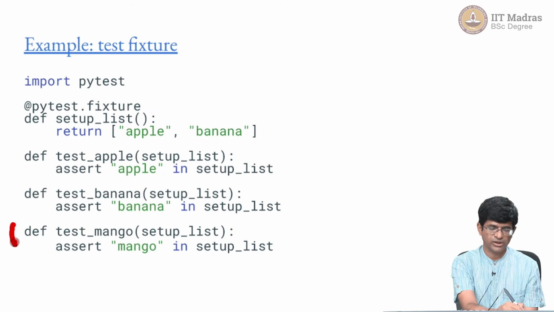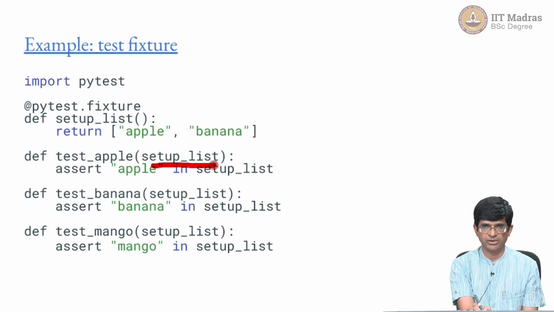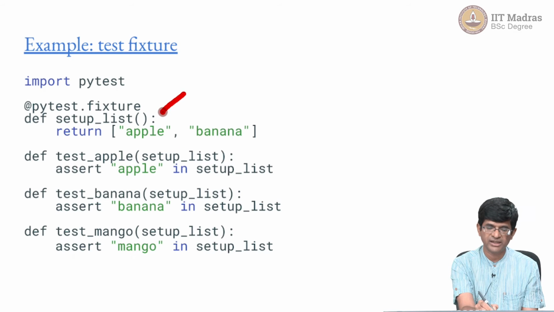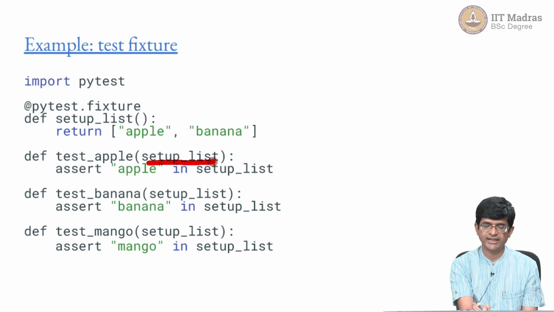Now I define 3 tests. These 3 functions out here are all different tests. The first one is test_apple, and one parameter that I pass into it is setup_list, which is the name of my test fixture. So when I run the test_apple test, before going inside it, it will first run this setup_list function.